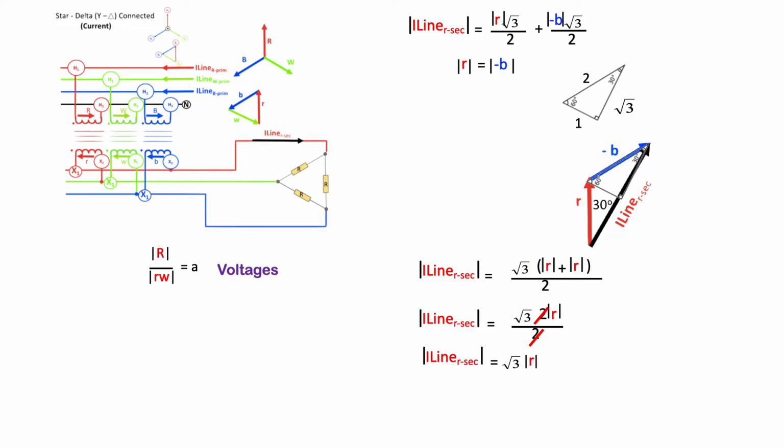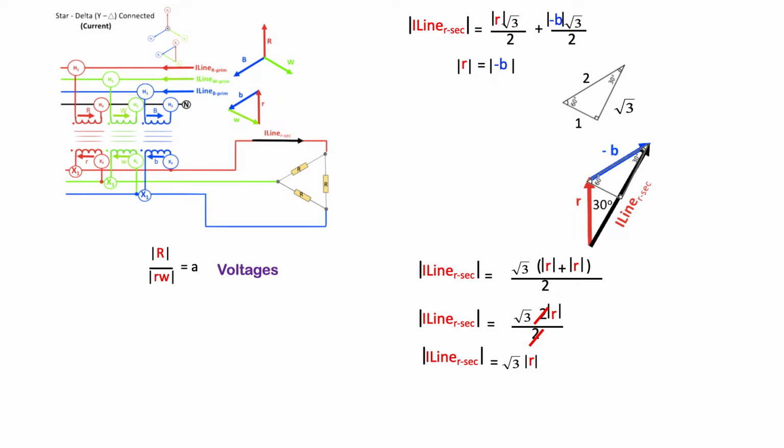The turns ratio of the transformer is given by the voltage of the red phase magnitude, the voltage across the windings of the red phase, over the voltage drop across the windings of the red to white secondary terminals, because the red to white is connected delta.